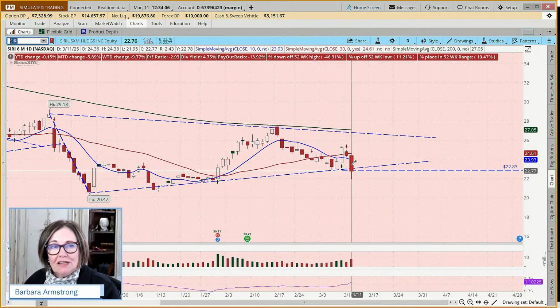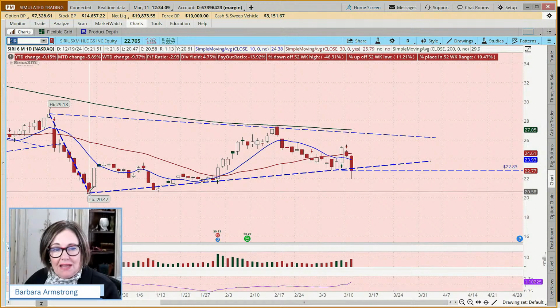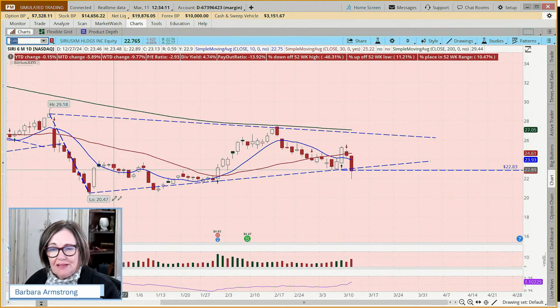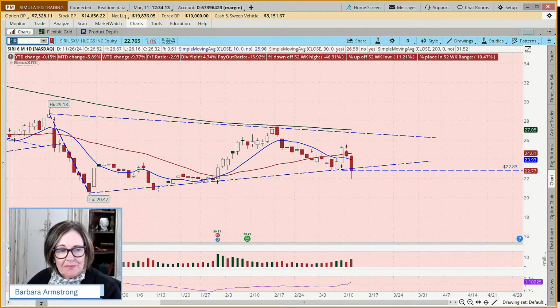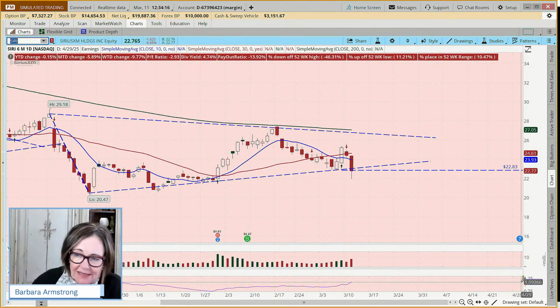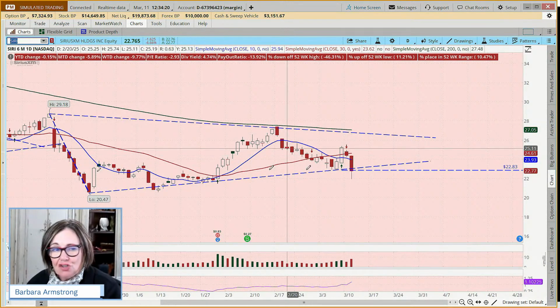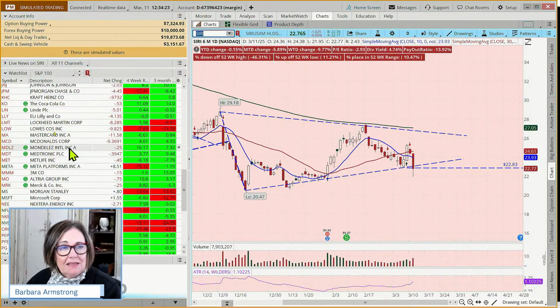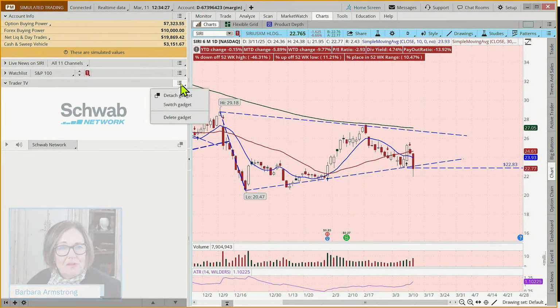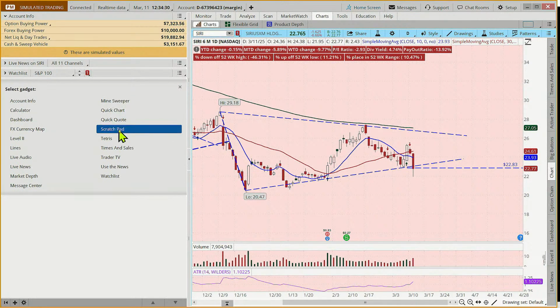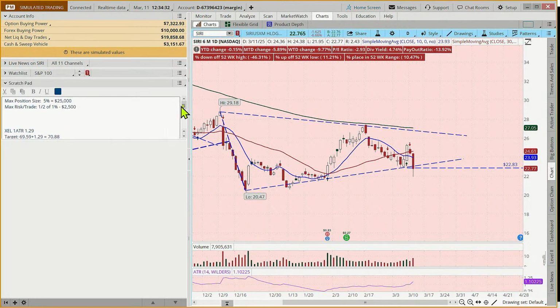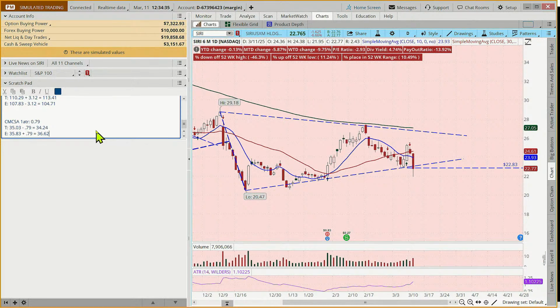And then if we wanted to put in a swing target, that could be this previous low, or we could say, hey, this 1 ATR, in an average day over the last 14 days, this stock has moved about $1.10. If we wanted to use that as an example, we're going to switch this to our scratch pad. And here's a bearish example.